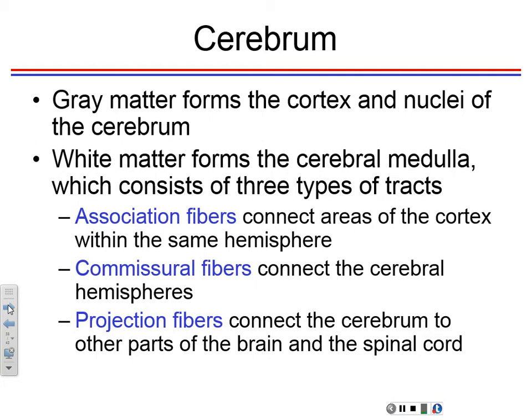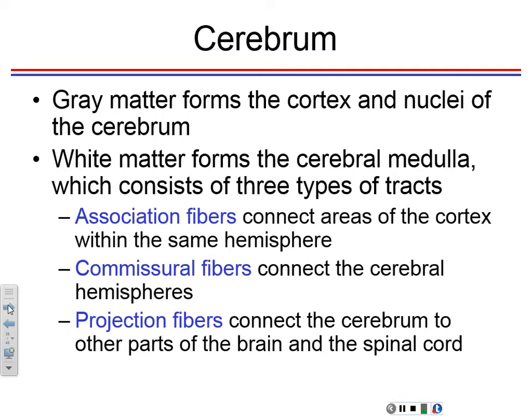Now, because the cerebrum is humongous, it's the biggest part of the brain, it's going to need to be connected by axons that are myelinated, so it's white matter, right? These axons that connect the different parts of the cerebrum are the fibers we're going to be talking about now.